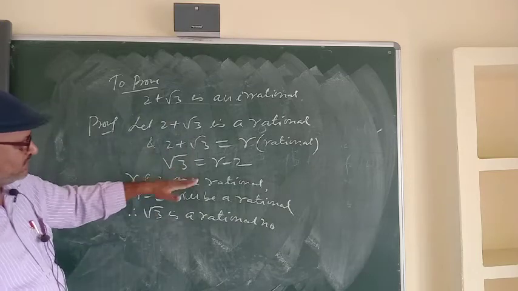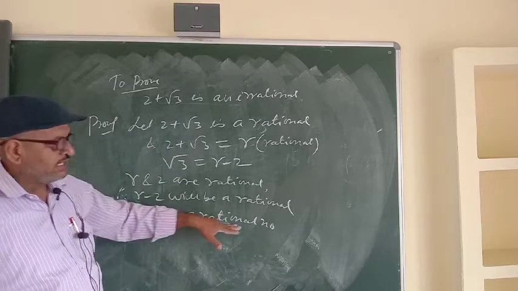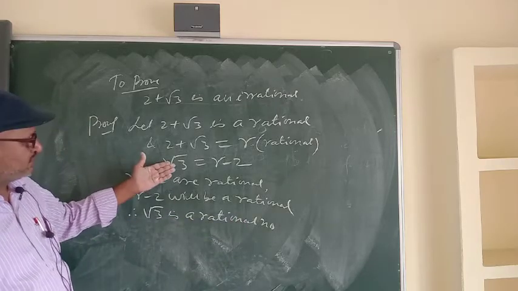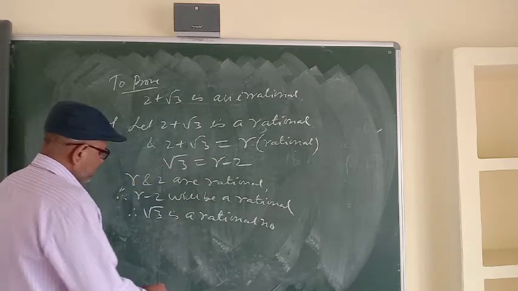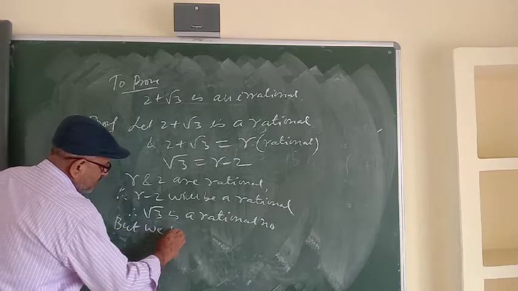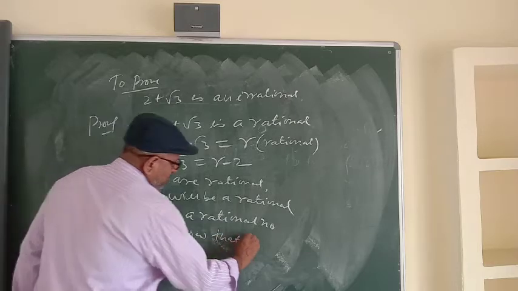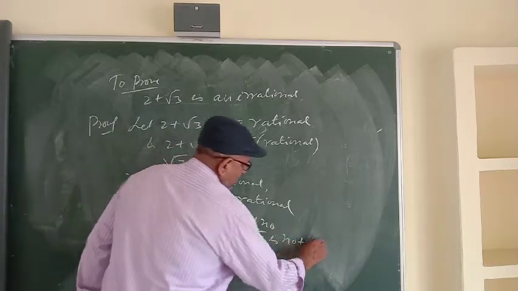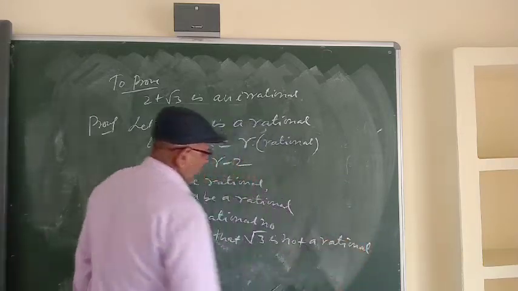According to our supposition, we see that root 3 is a rational number. But we know that root 3 is not a rational.